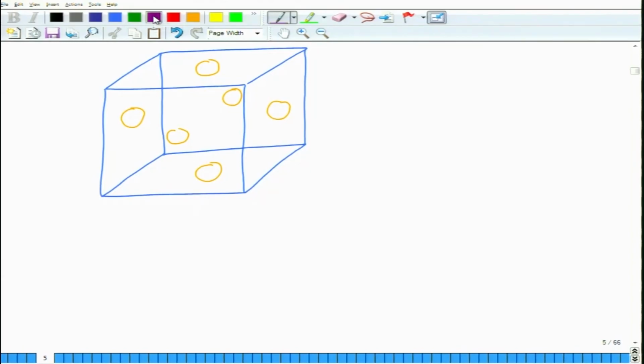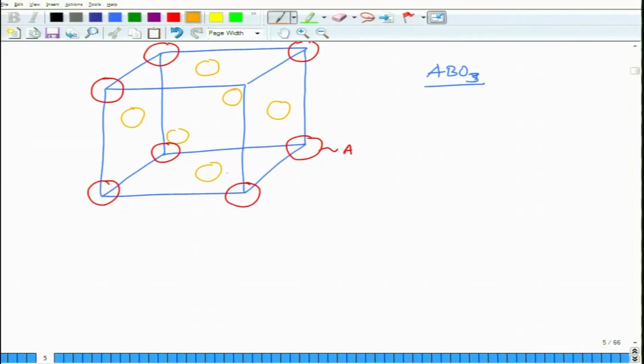So let us write the formula, let us say ABO3. So, there are 3 oxygen atoms, right? Half, half, half, half, half, half. So, 3 oxygen atoms. Let us say the A atom is the bigger cation, it goes at the cell corners. This is A and this was oxygen, and the B atom is the smaller cation, which is B.